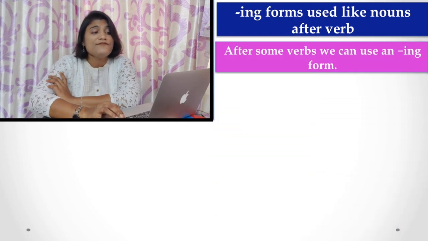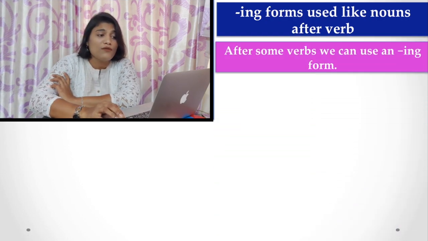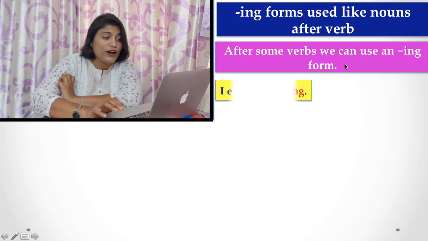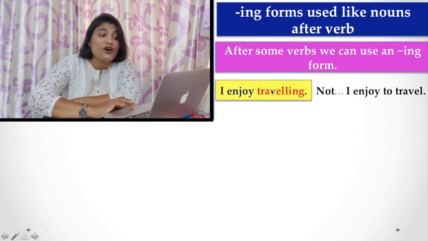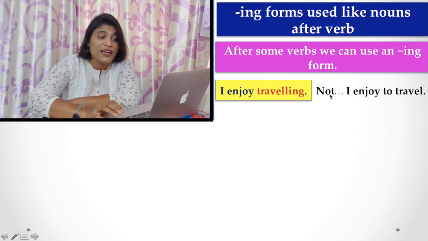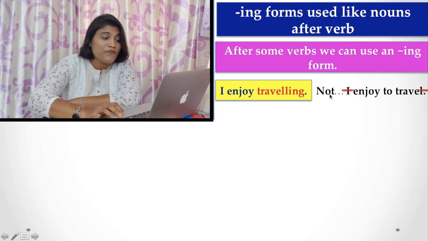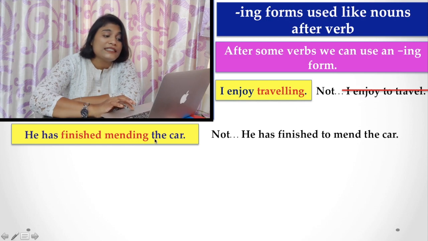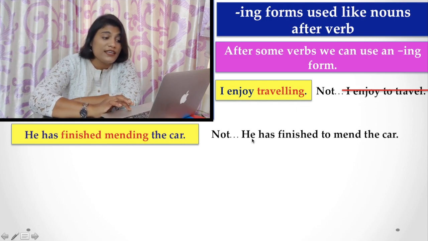Now, ing forms are used like nouns after verbs. After some verbs, we can use an ing form. For example, I enjoy traveling, but we never say I enjoy to travel. Or he has finished mending the car, but you never say he has finished to mend the car.